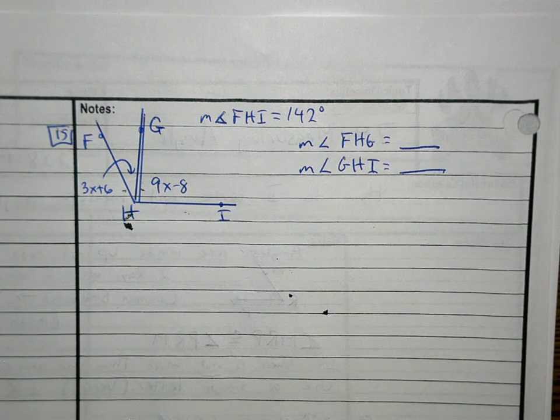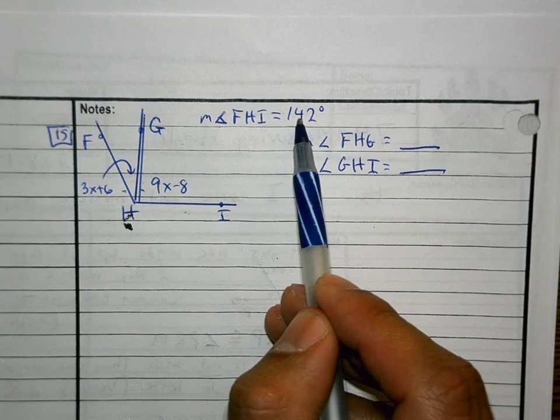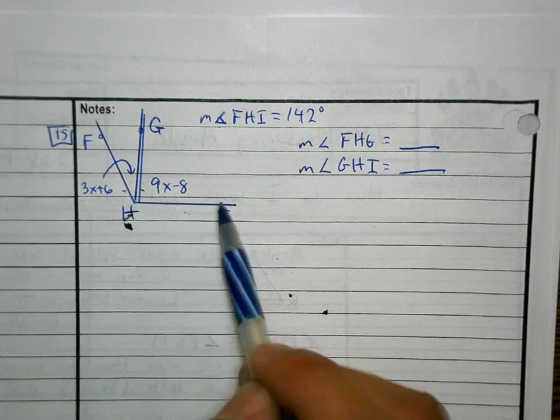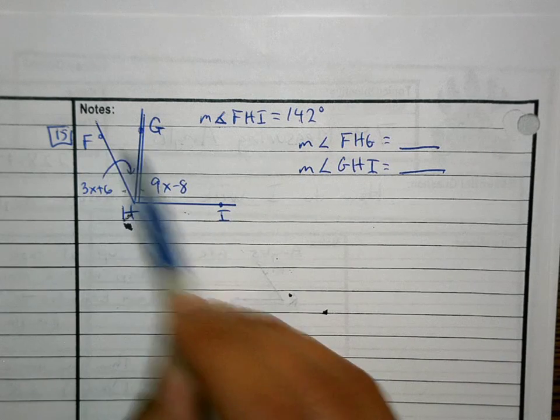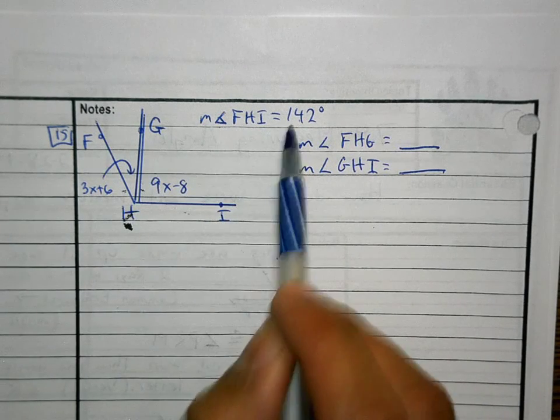So you're going to actually have to use a little bit of common sense in some of these problems. If they tell you that FHI is 142, they're talking about the big angle from this side to this side is 142 degrees.